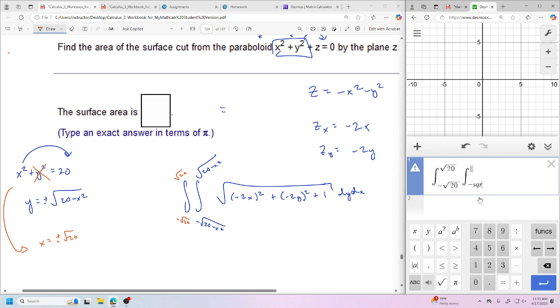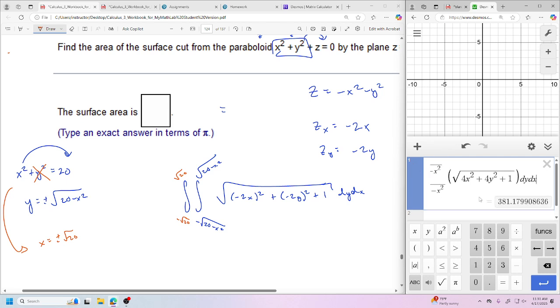But you know me, I'm just going to brute force this stuff. Oh, here we go. And then square root of 4x squared plus 4y squared, and then always a plus 1, which I want to ask about, like where the plus 1 came from. Go ahead.